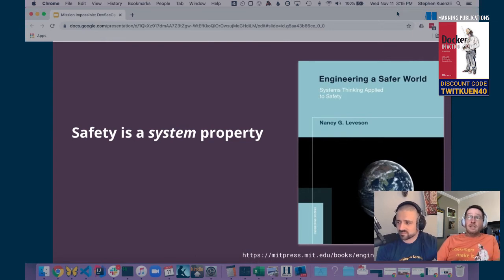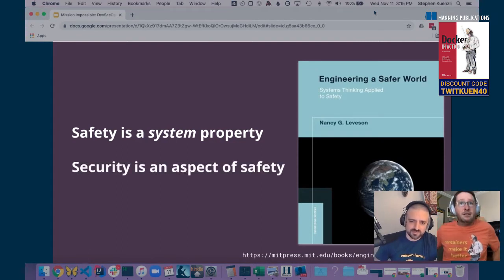Now we're going to have to design components in such a way that we can compose them and have them work together so that they're secure. But we have to think about the system, and information security is an aspect of system safety.